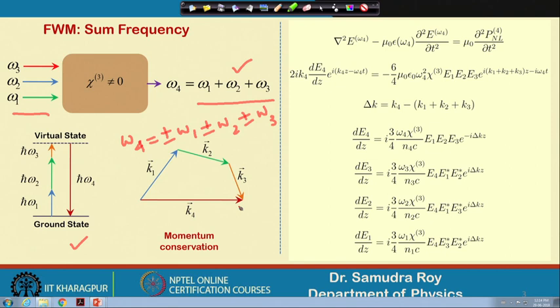They sum up and generate another photon with frequency omega 4 whose wave vector is in the k4 direction. This momentum conservation figure suggests that the phase matching may not be collinear. This is a non-collinear kind of phase matching, which is normally the case.